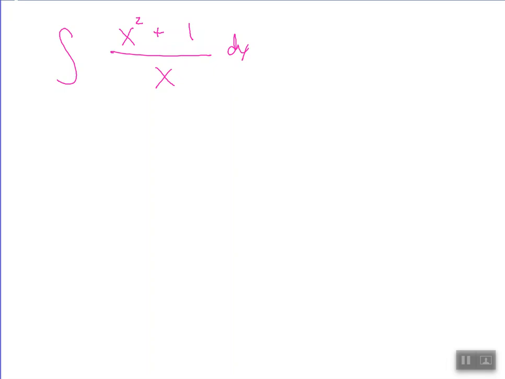So if you ever see multiple pieces divided by one piece, so a monomial, then what you can do is really just take turns and divide every single piece by that one denominator. I like to call this butterflying, but whatever works for you.